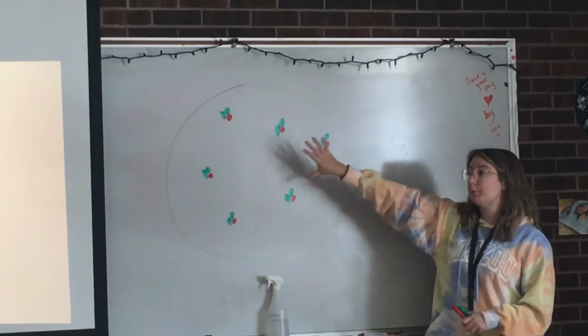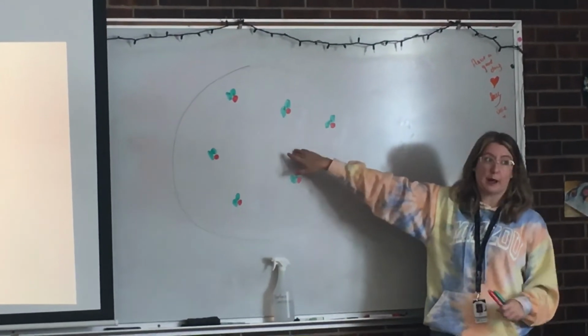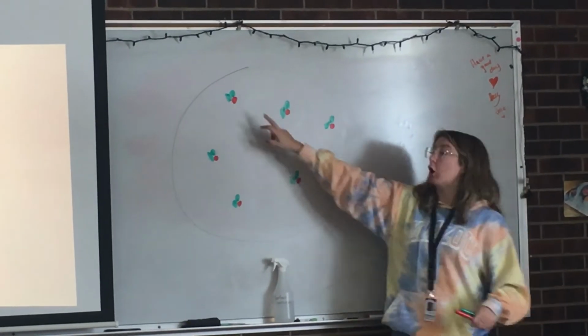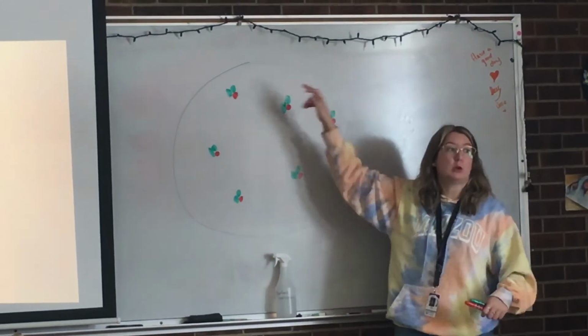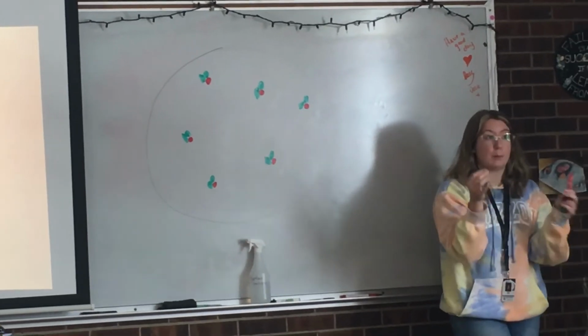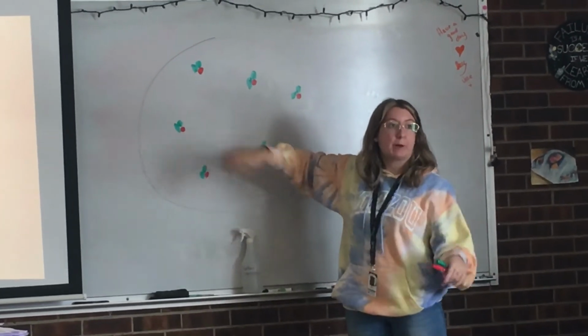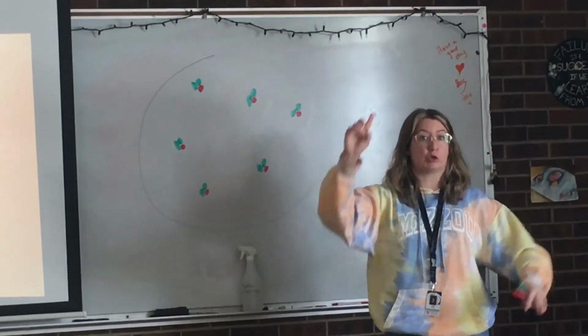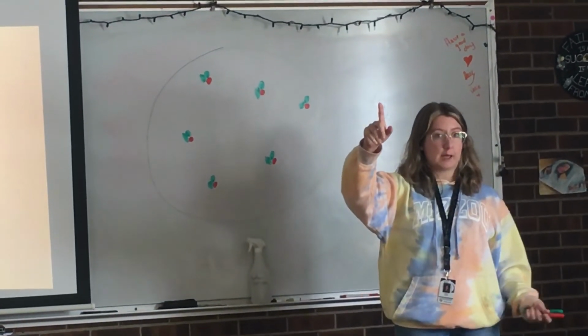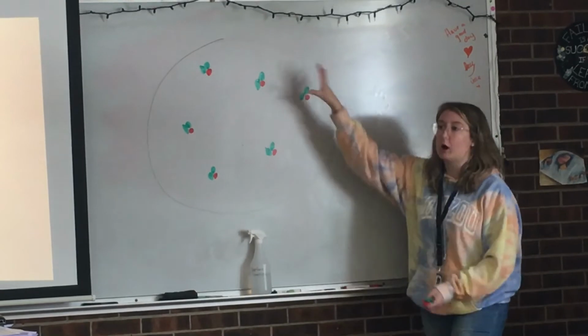If I gave you this picture, you would tell me that it is a compound. Because they are all the same. Even though there's an amount of compounds, 1, 2, 3, 4, 5, 6, I drew 6, the total amount of types is just 1. Okay? So therefore, this is a compound.